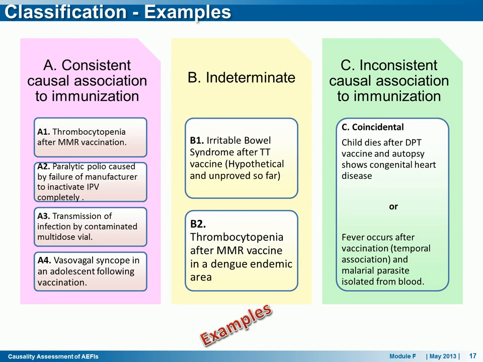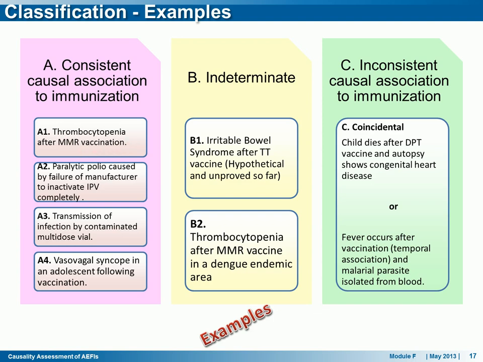Now let's look at some of the examples. The examples for consistent causal association to immunization are pretty straightforward. I already explained it to you, so I'm not going into too much detail. The example for a vaccine product related reaction is thrombocytopenia after MMR vaccination.